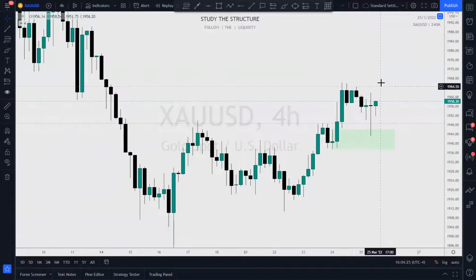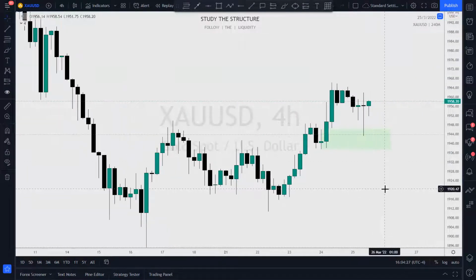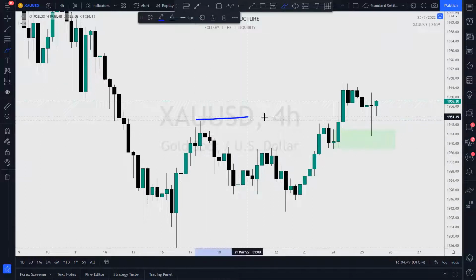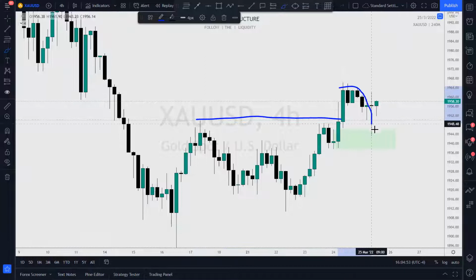Are we going to continue up higher from here? I don't know. I'm not in the predicting business. What I am in is the reacting business, so I'm going to be prepared for whichever way this price goes. First, because I'm bullish on this pair, as we break structure to the upside, I'm looking at this as a possible pullback, the return to impulse.